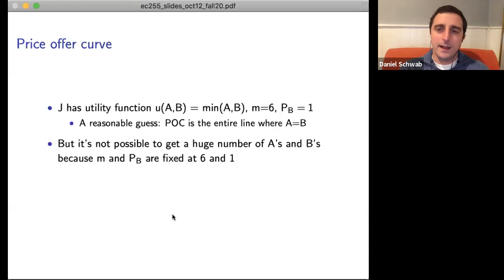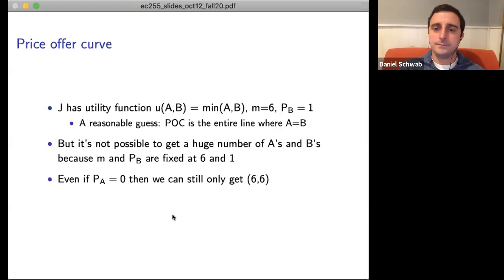The other curves never ended because as you got more and more money, you could buy more and more stuff. But here, even if the price of apples gets incredibly low, you just can't buy too many bananas. Even if you go all the way down to the very bottom where the price of apples is 0, then you can get 6, 6, right?